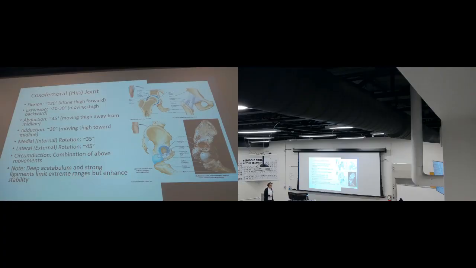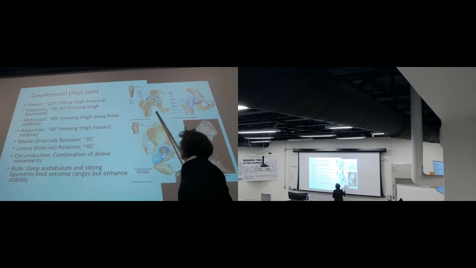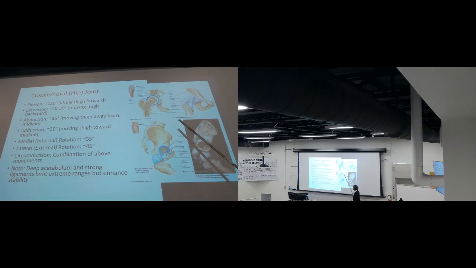Now, before we move on to the next slide, every joint in our body receives blood supply. And we have arteries that provide blood supply to this joint. And when these arteries become occluded, there is no blood supply to this tissue. And what happens when a tissue doesn't have blood supply?